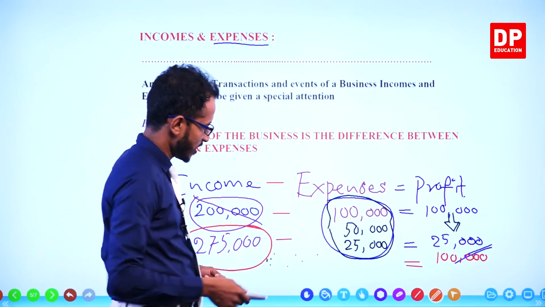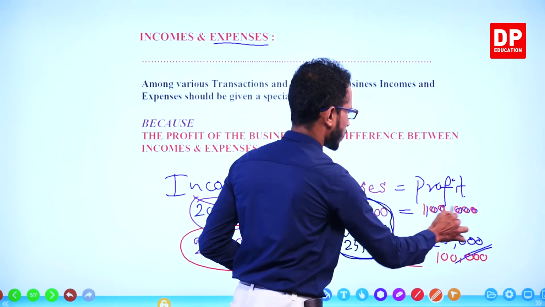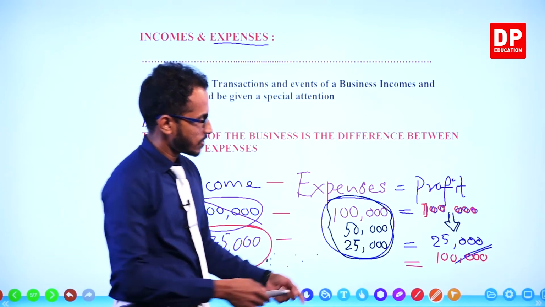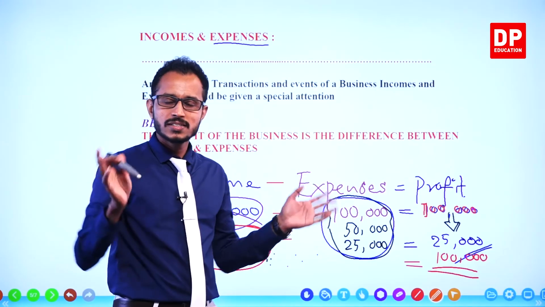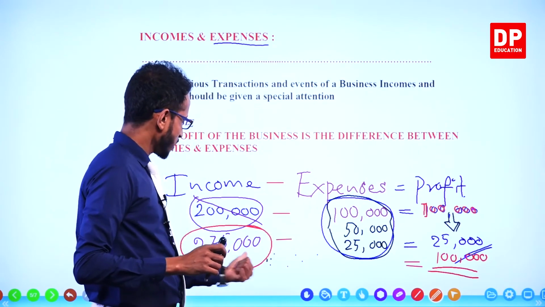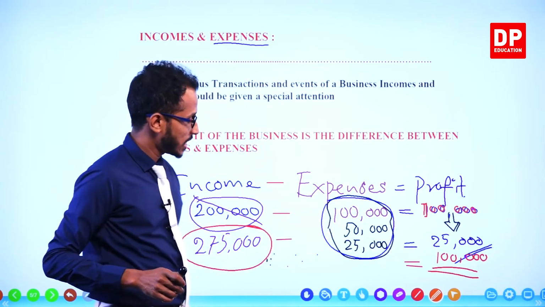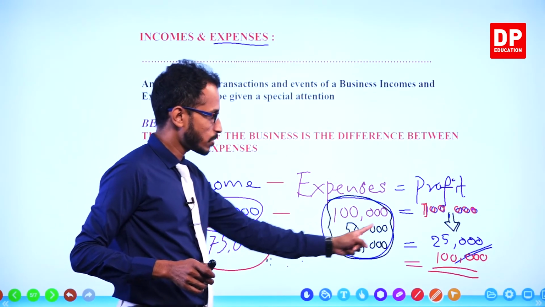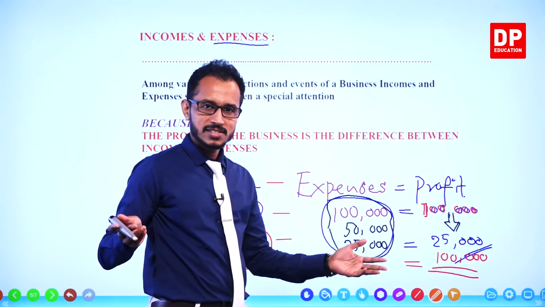Profit is this. So what do you realize? If incomes increase, profit increases. But if expenses increase, profits decrease. Simple, right?